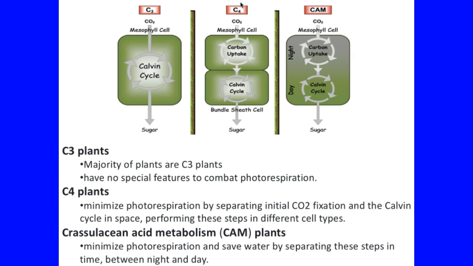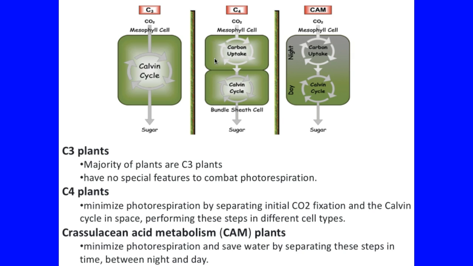C4 plants and CAM plants, however, have a really cool way of avoiding photorespiration if they can. So C4 plants can avoid photorespiration by separating the initial carbon dioxide fixation and the Calvin cycle in space, performing the steps in different cell types.